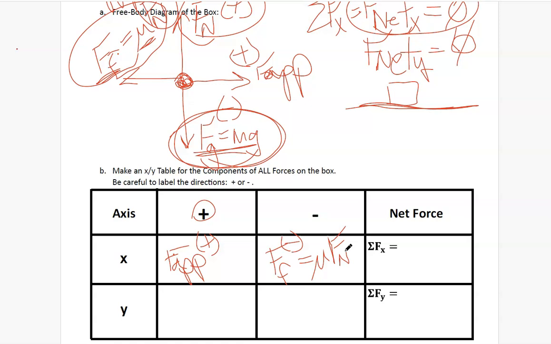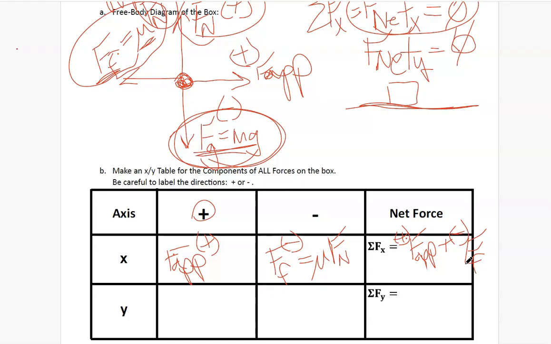All right. And what's our net force? Well, our net force is just the sum of the 2. It's going to be the positive applied force plus the negative frictional force. I know I'm going outside of the box here.